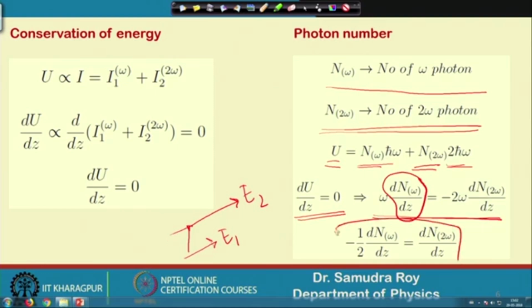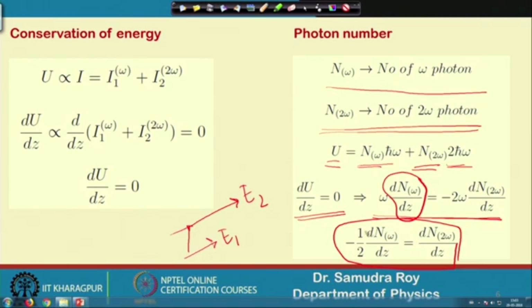Finally, we have one expression which suggests that minus half dn omega/dz is equal to dn 2 omega/dz. That means the number of photons changes for omega frequency, and half of that will be equal to the photon gain of 2 omega frequency.